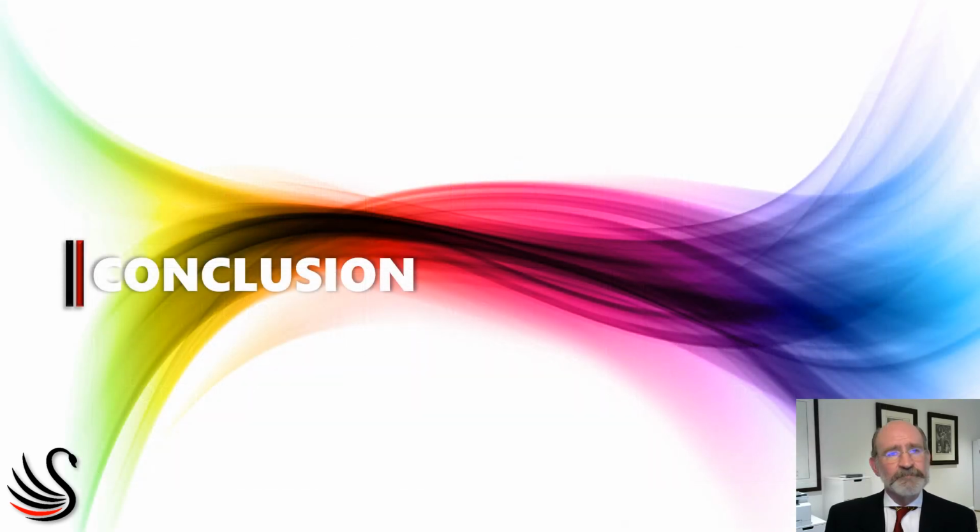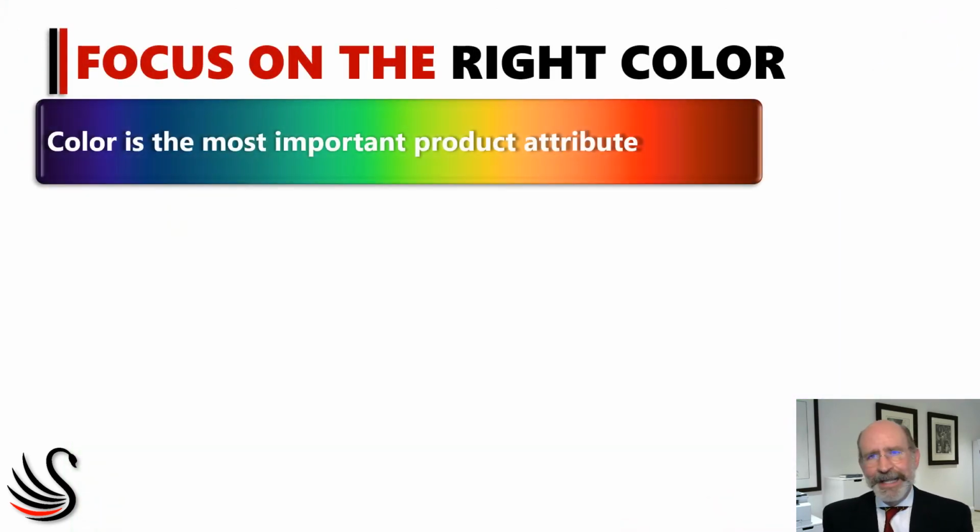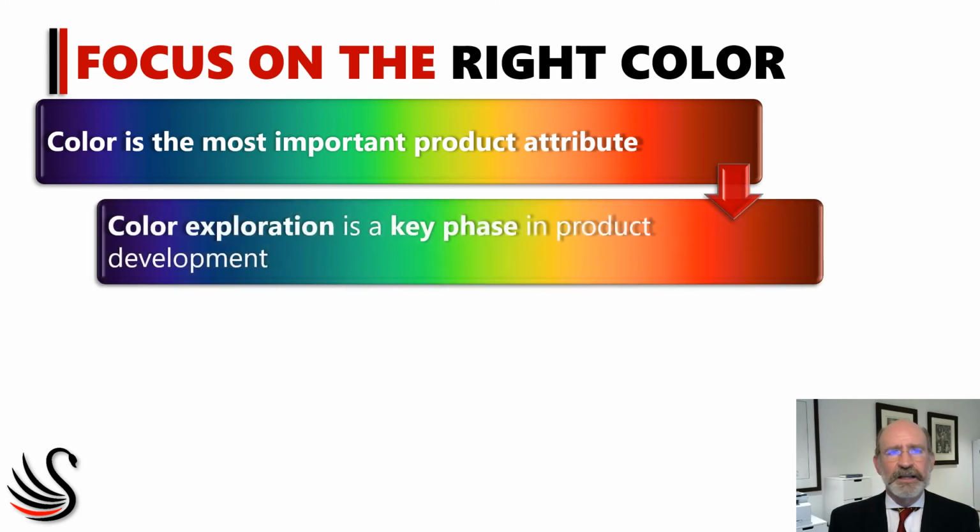So in conclusion, what have we learned today? First of all, getting the right color is the primary goal of a designer. It's not good enough to replicate ugly colors. You want to replicate the right color. So color is the most important product attribute.